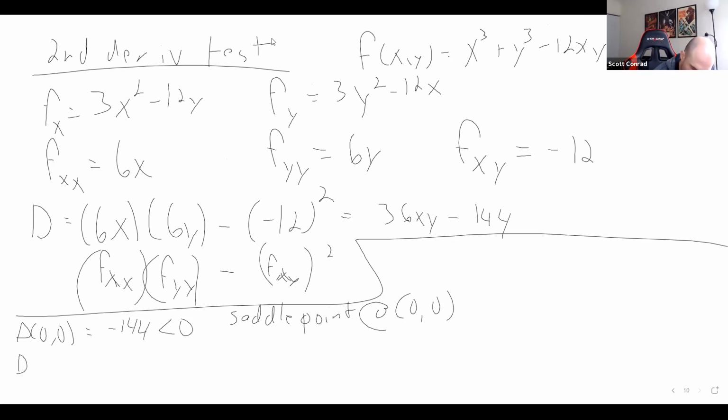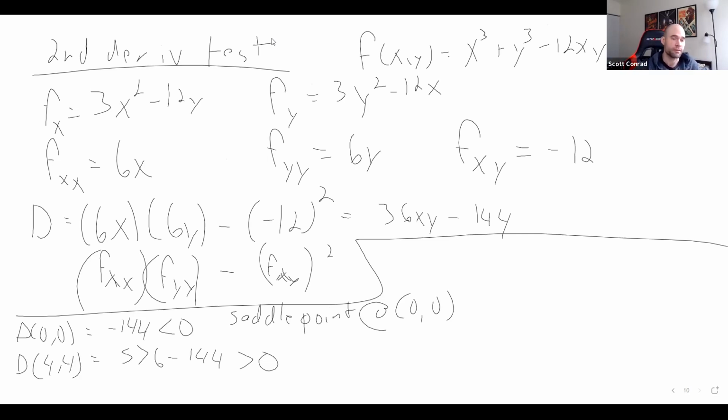Now if we check it at (4, 4), we get 36 times 16, and so we get 576 minus 144, clearly positive. So our discriminant is positive at (4, 4).